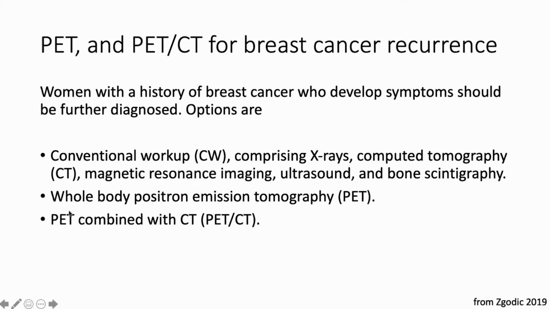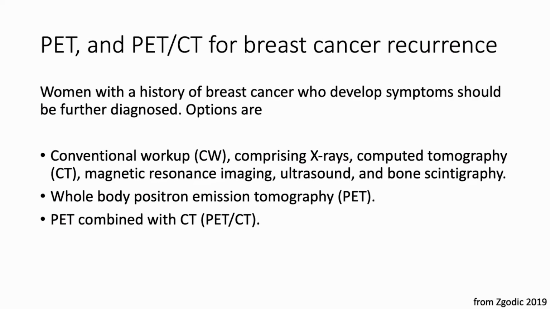But at the same time, there are newer technologies like whole body positron emission tomography that can do whole body imaging, and perhaps it can be combined with CT. So the question is, for these types of women who need to be further diagnosed, what should we pick as a technology for their further management?